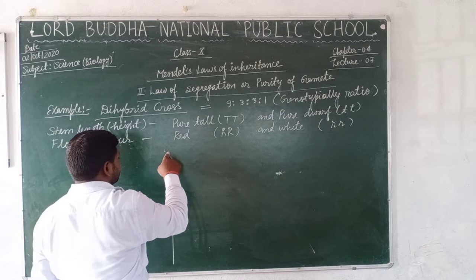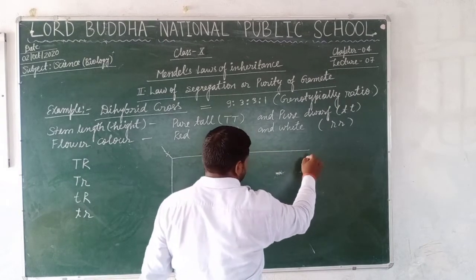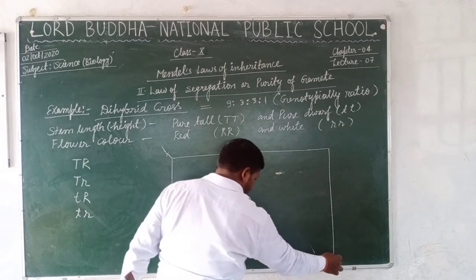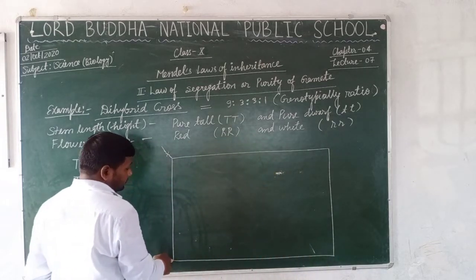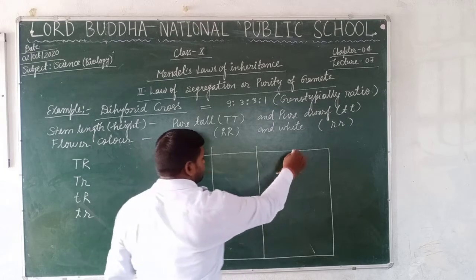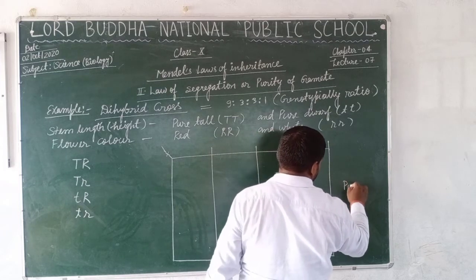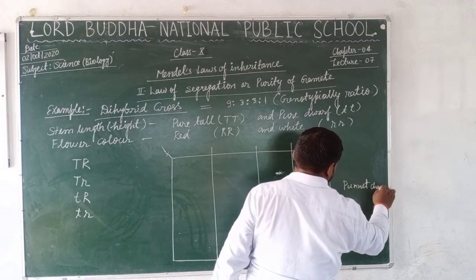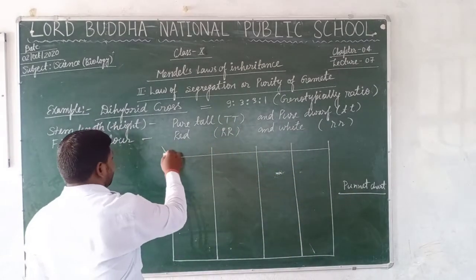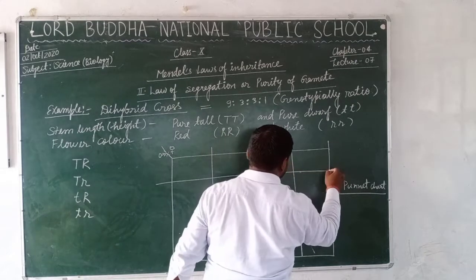Punnett was the biologist who gave a multiplication box for representing the process of cross hybridization, and this multiplication box is named after him, the Punnett square.